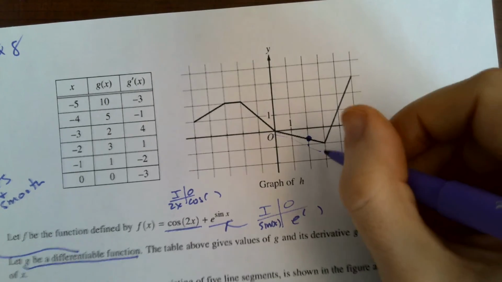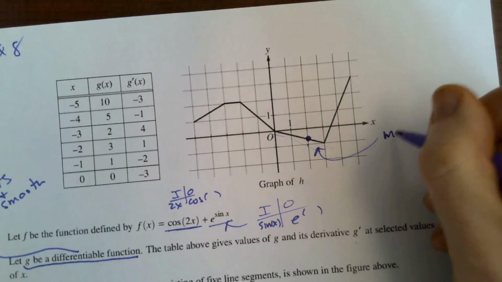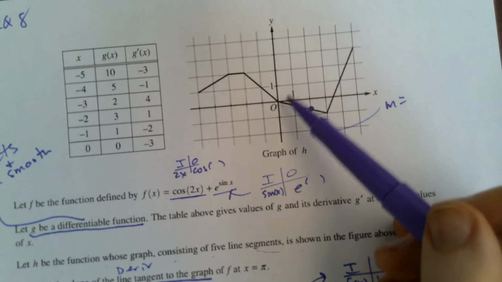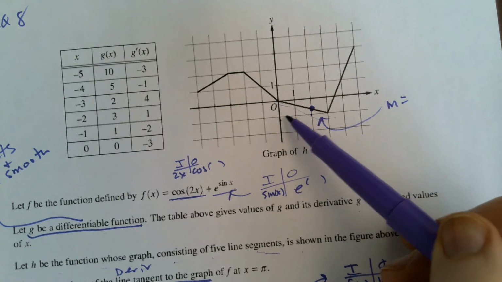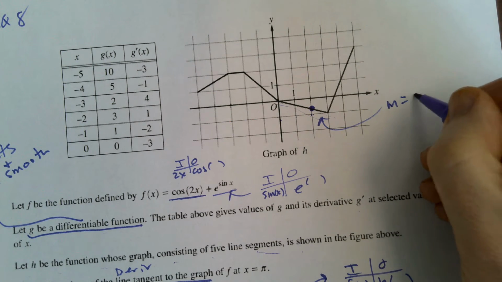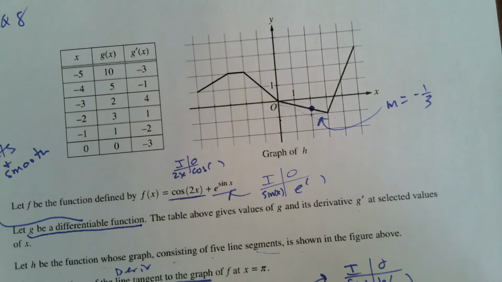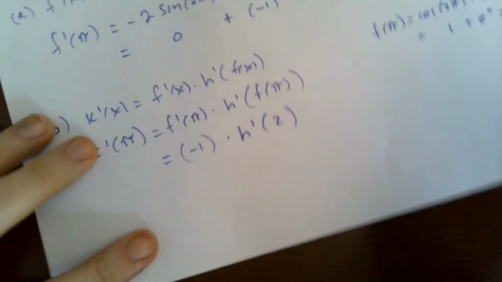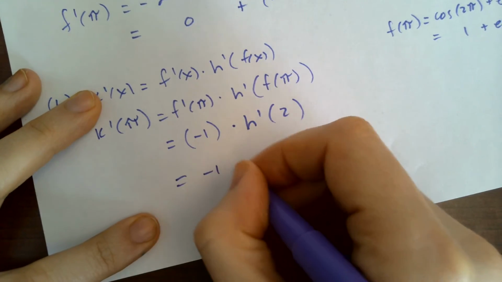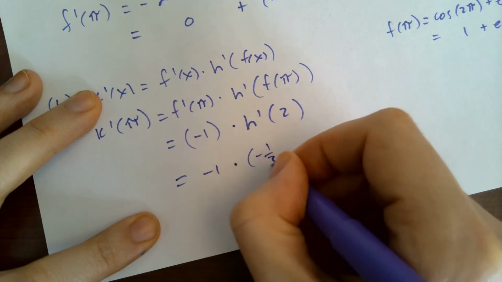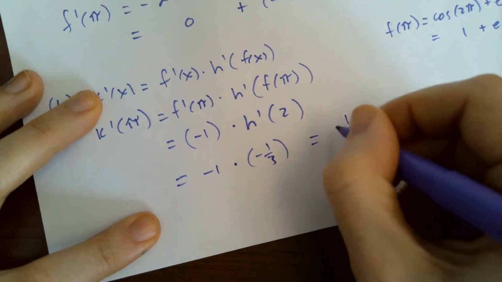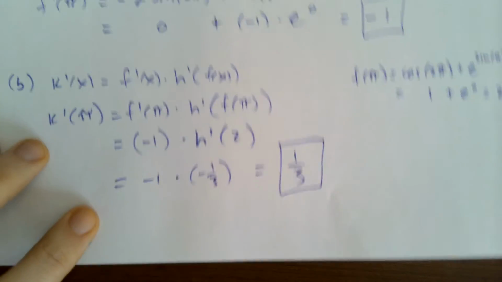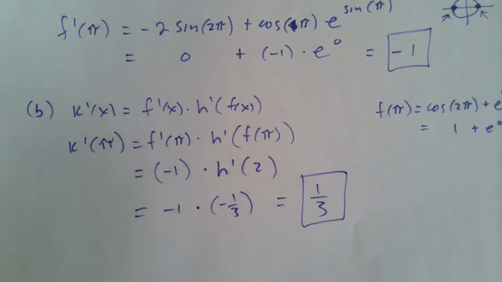So the slope there is, so the rise, so down 1, right 3. So negative 1/3. So that's h prime of 2. So this is negative 1 times negative 1/3, which is 1/3. Okay, that's the answer for the second part.